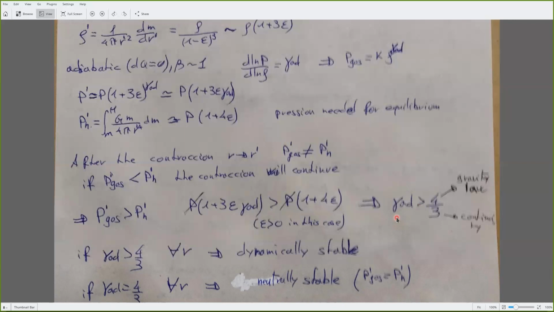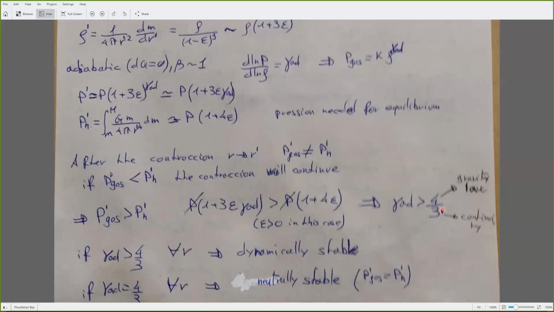The relations in the equation of state connected to the adiabatic coefficient must be greater than 4/3. And when a system has an adiabatic coefficient of 4/3, it can be problematic.